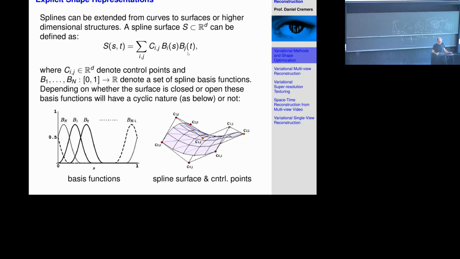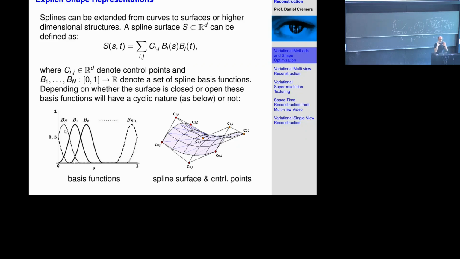Typically, if you do it this way, and these are your basis functions, you would model open curves or open surfaces that have some boundary. But if you loop them around, you see here, this basis function goes up here, Bn, and it comes back down here, right?